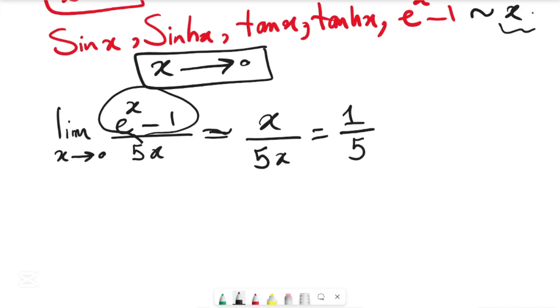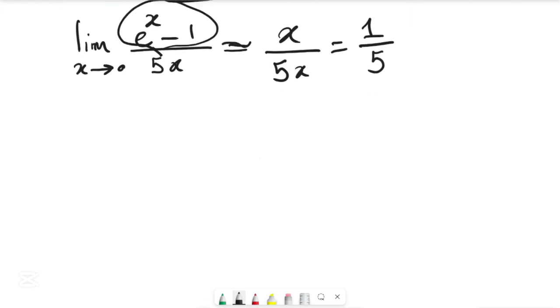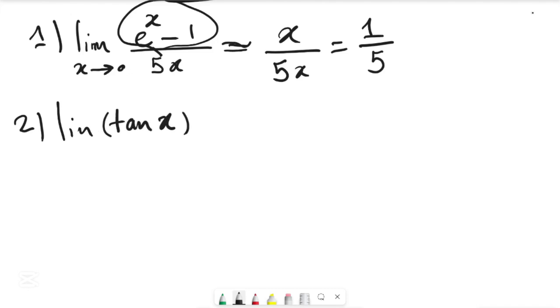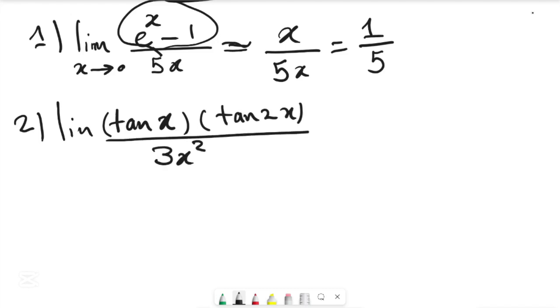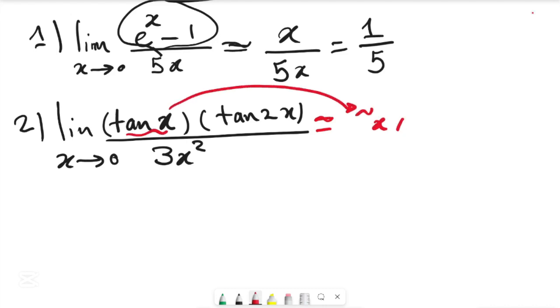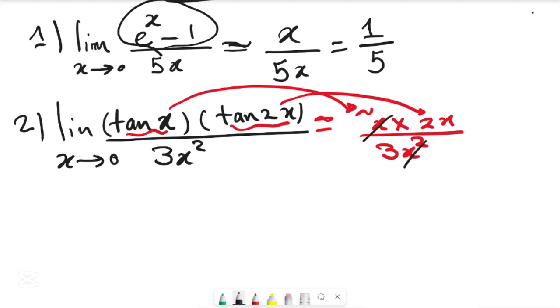But another question, limit of tangent x times tangent 2x divided by 3x squared, x goes to 0. We know this is equivalent with x times 2x divided by 3x squared. They cancel each other, and the answer is 2 over 3.